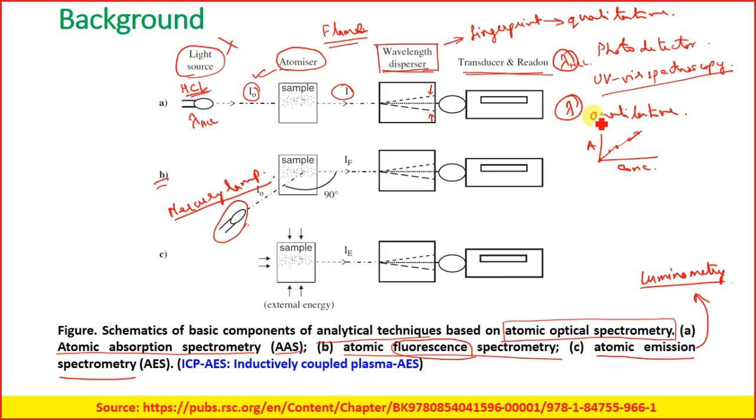Sorry, I have written qualitative over here; this is quantitative. Okay, right. So fingerprint region analysis will help us in the identification of the compound, and you can do it in any of these methods.